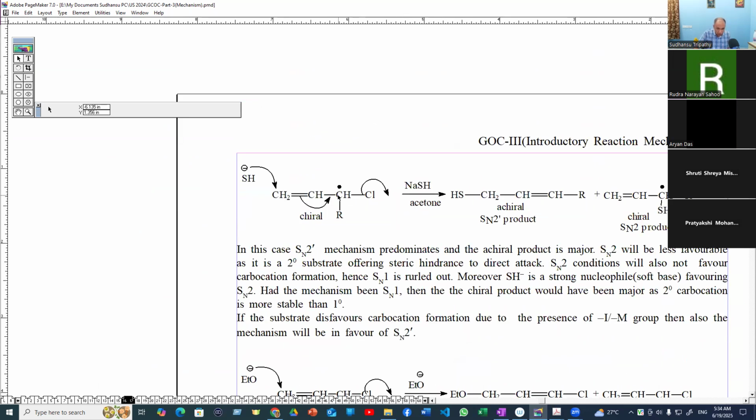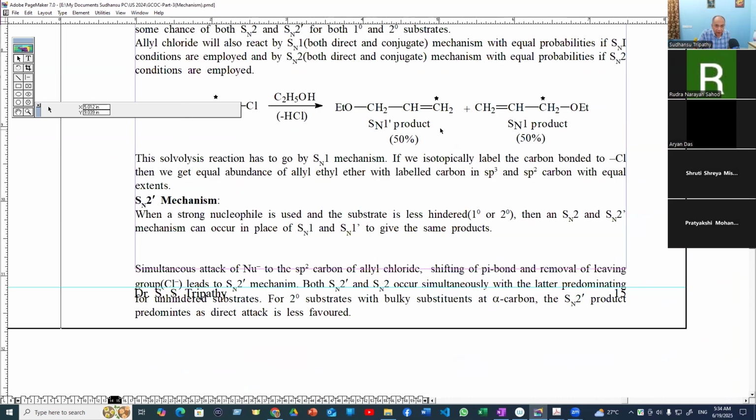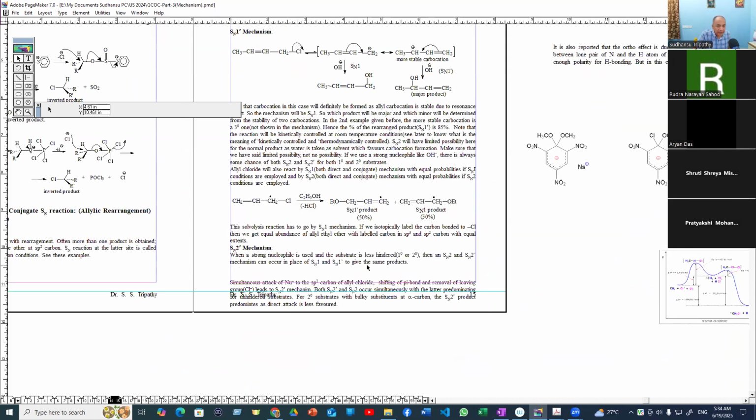Now here also we have seen labeling of the carbon that we made. It was only to show the mechanism has really happened. The rearrangement has really happened because there is no substitution here in the sp2 carbon. So this is also ethyl allyl ether. This is also ethyl allyl ether.